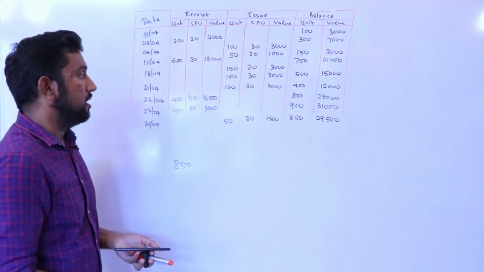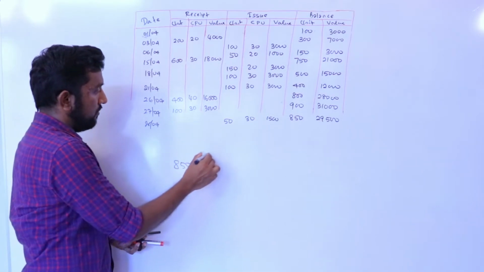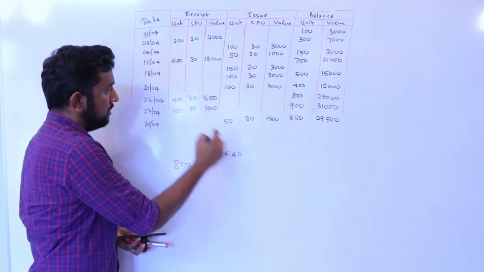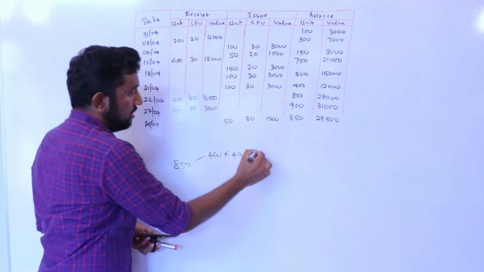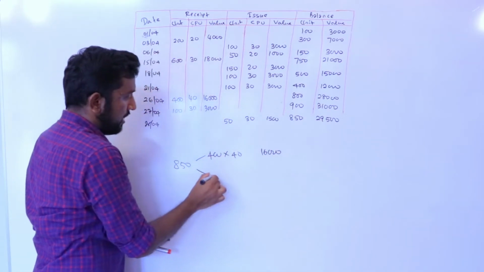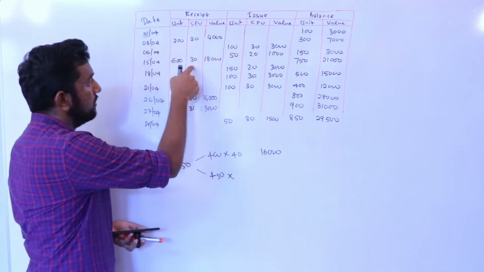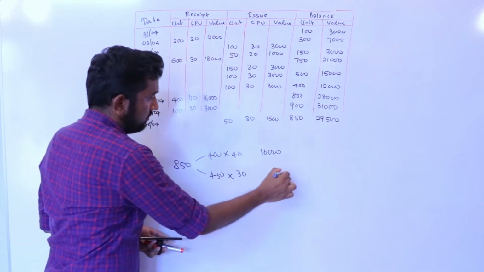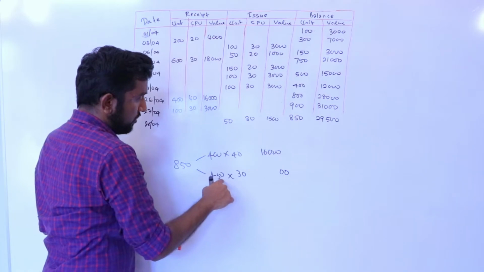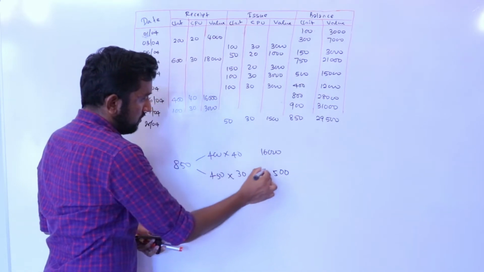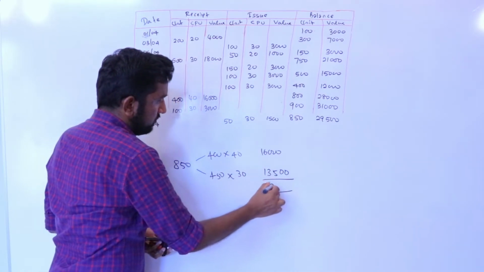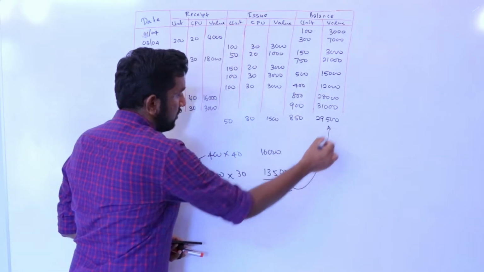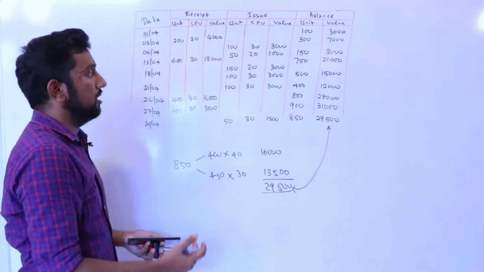Just for additional knowledge. 850 from 400 at 40. This is not issued at all. 16,000. The balance 450 obviously from this price, right? So how much? So this is how we got the closing stock.